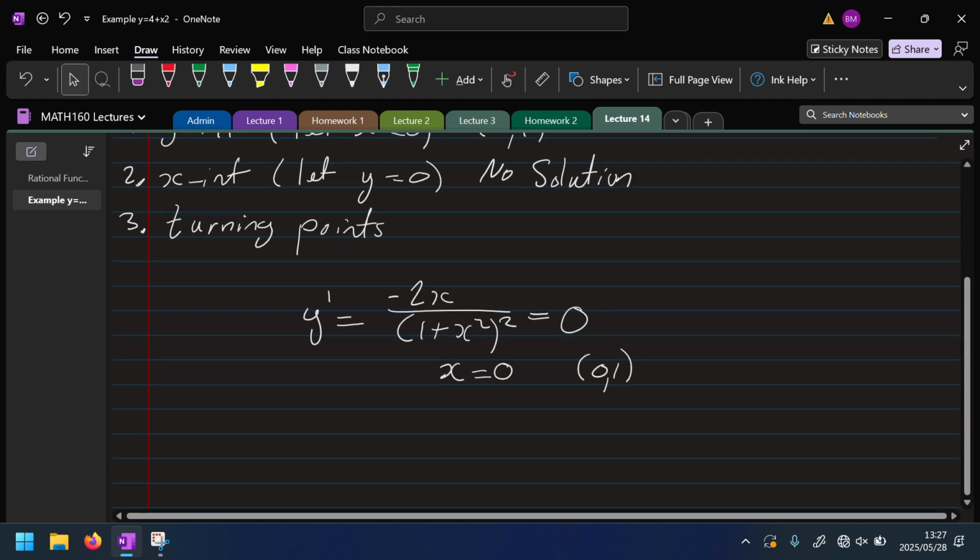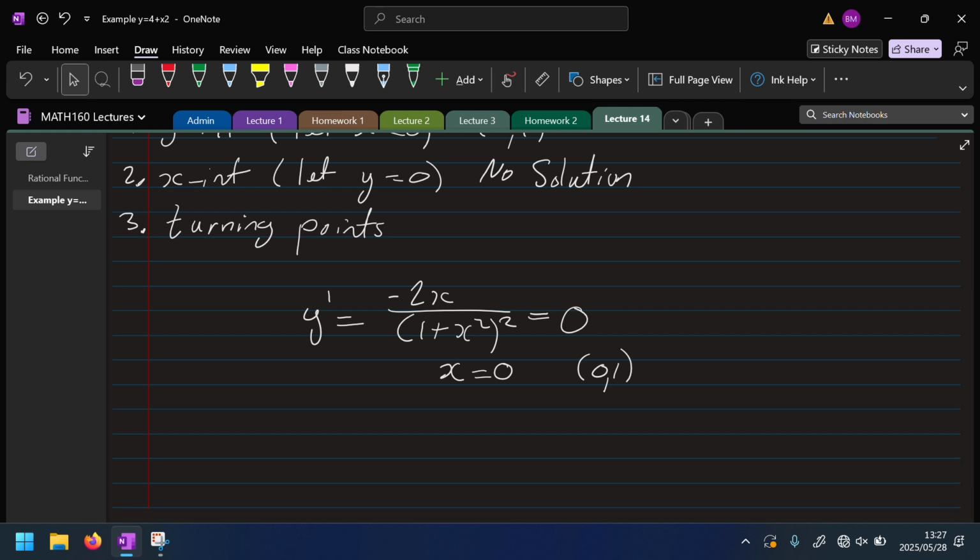Now we've got the turning point. What about the intervals of increase and decrease? That will happen on either side of the turning point. So we draw a number line. We know there's the turning point at x equals 0. So what happens before x equals 0? You can check if x is negative, then we've got a minus in front, so that will make the whole thing positive. So there's a plus.